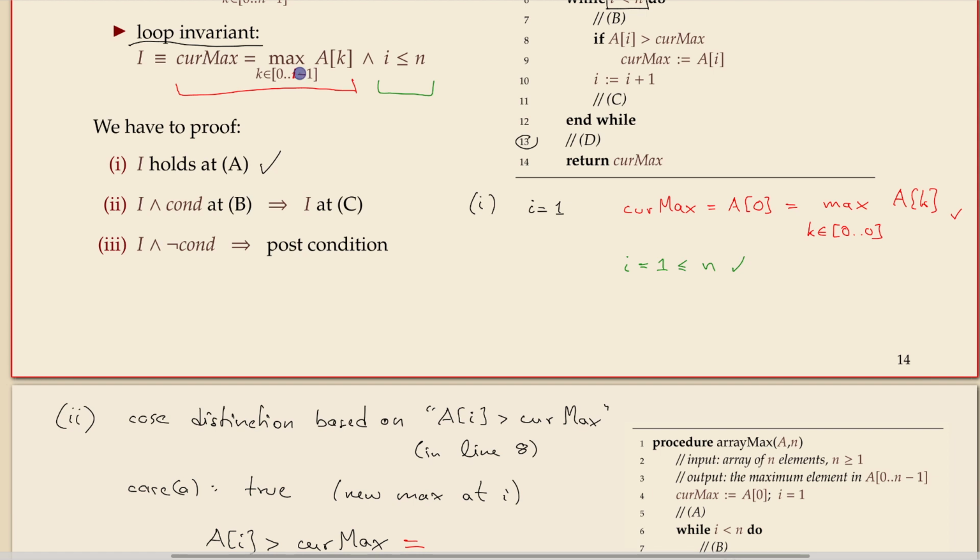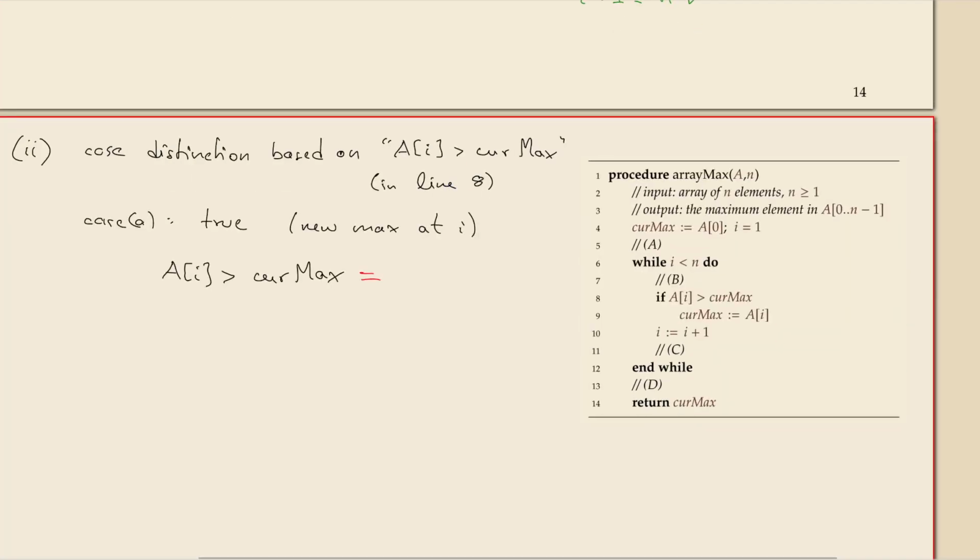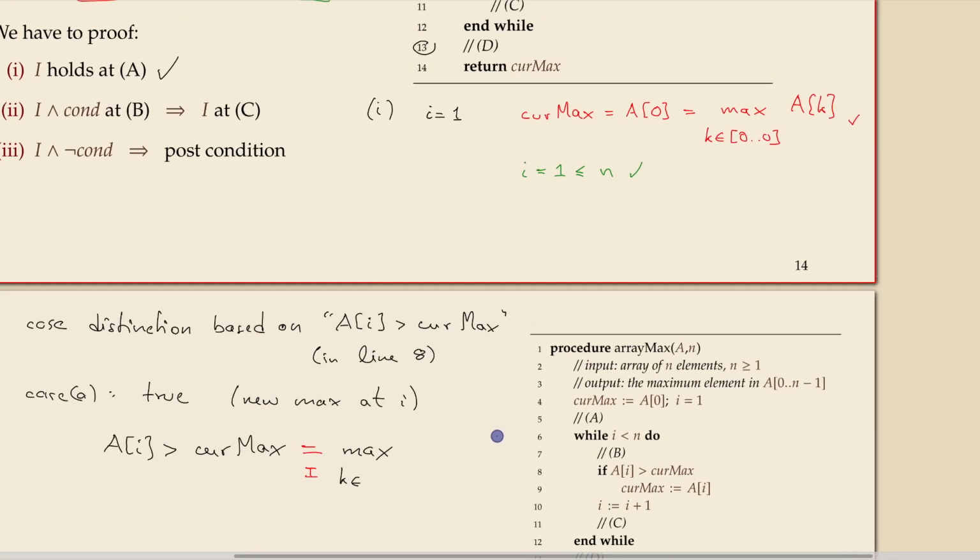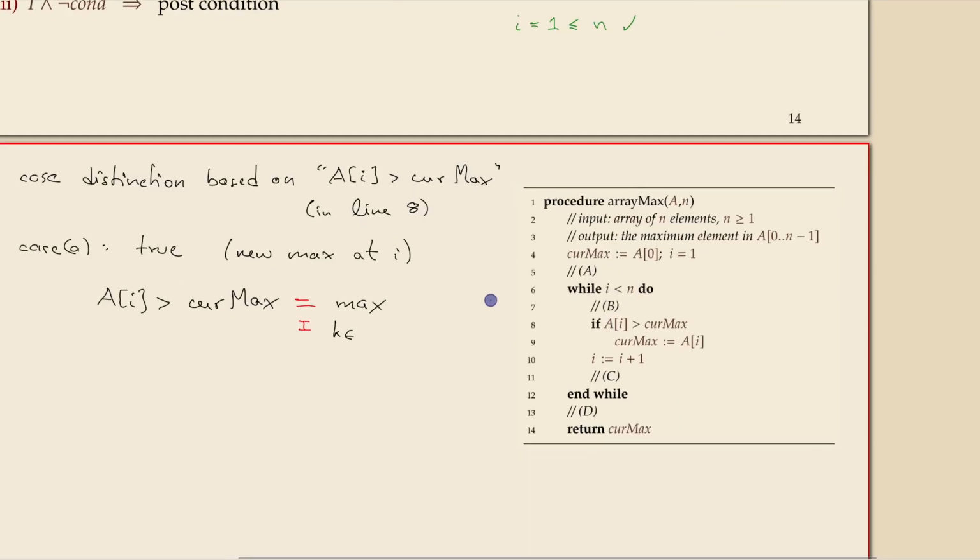Now, in this case, i has some value that we don't know, so we'll have to leave it symbolic. That's from the loop invariant. And now I'm just copying what's on the previous slide. So k between 0 and i minus 1.